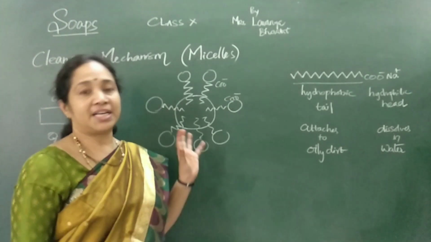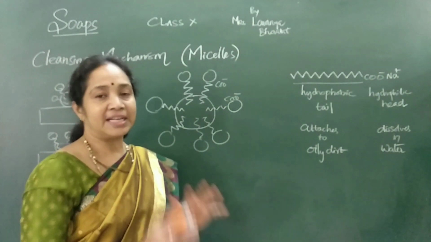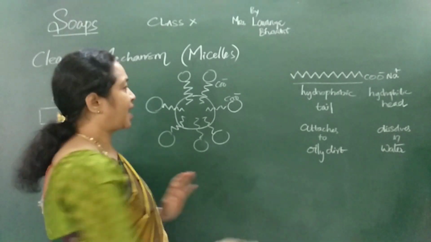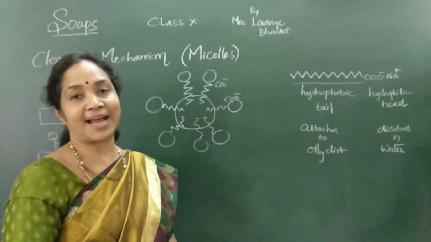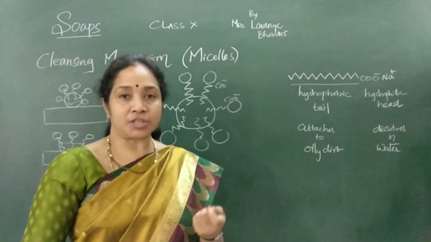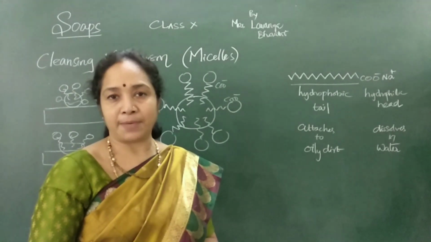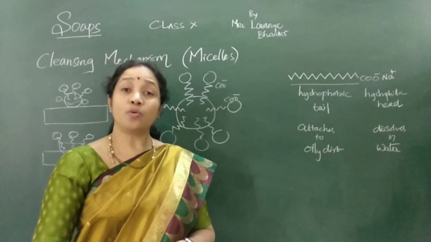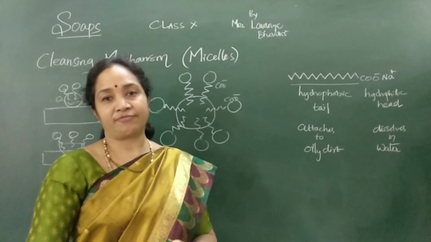So it never undergoes precipitation, and due to ion-ion repulsion, these are away from each other. Such a spherical group of soap molecules is called a micelle. And these micelles, by rinsing the cloth, lift away the dirt that is stuck to the fabric. This is how soap molecules are effective in cleaning away or removing the dirt from the fabric.